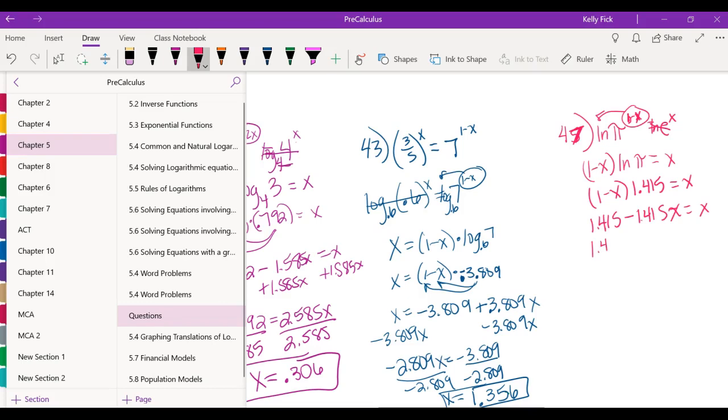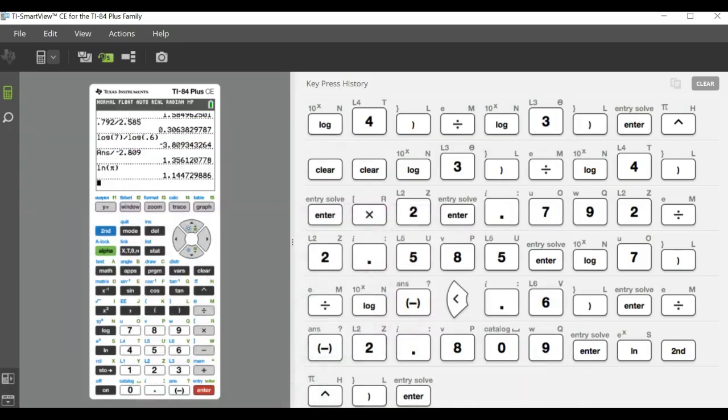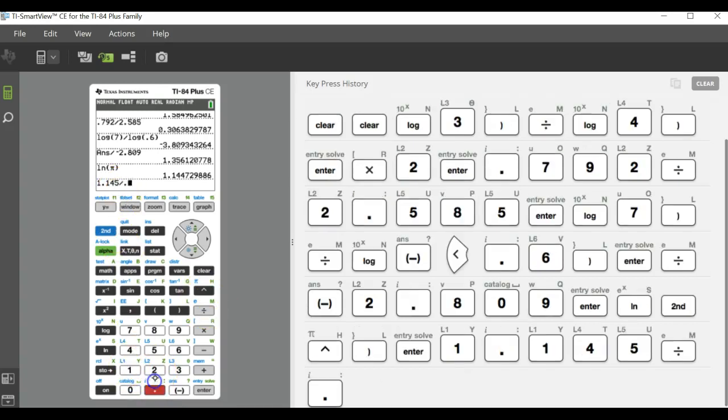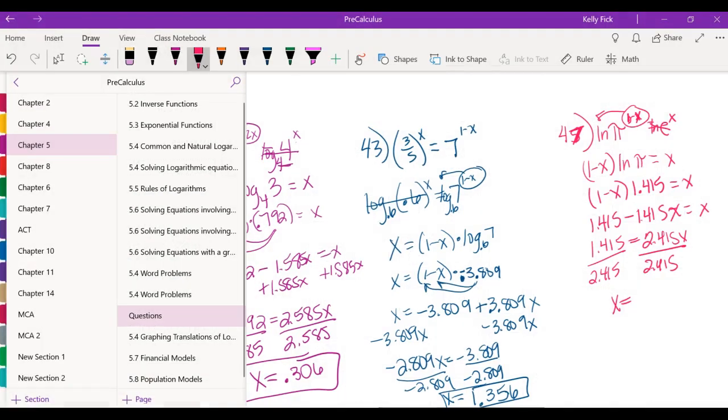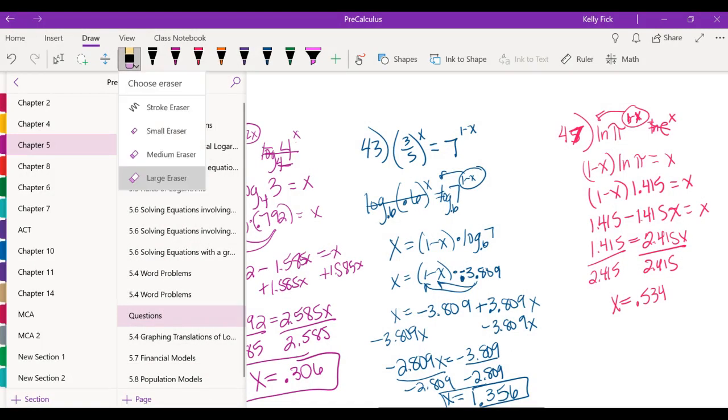So I get 1.145 equals 2.145x, and then divide that to find x. 1.145 divided by 2.145 is 0.534.